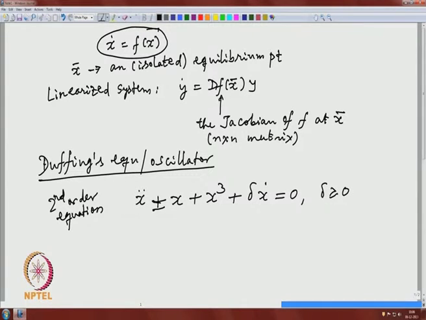Let me just concentrate on the negative sign, and the positive sign is similar. In fact, there is only one equilibrium point in that case. Let me write that negative sign as a system.